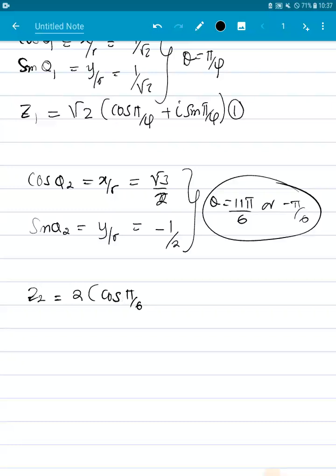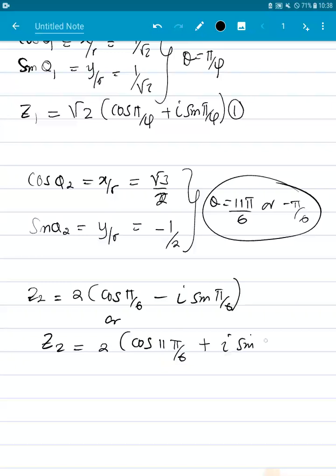But for sine, it will be a minus: sine pi over 6, because sine is odd, so the negative comes out. Or z2 is equal to 2 cos 11 pi over 6 plus i sin 11 pi over 6, like that.